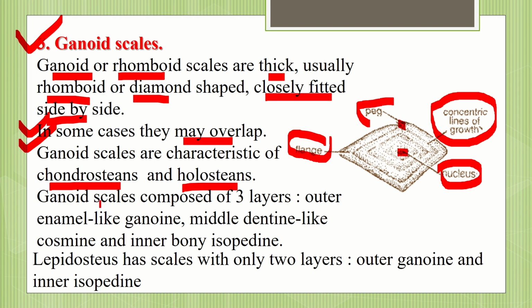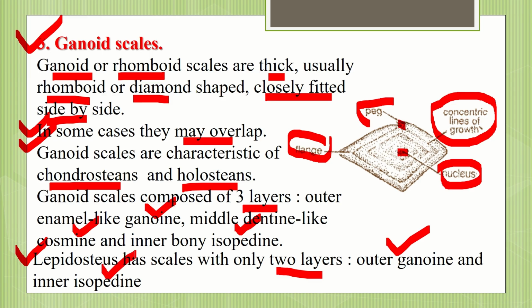They are composed of three layers: outer enamel-like guanine, middle dentine-like cosmine, and inner bony isopedine. Lepidosteus has scales with only two layers: outer guanine and inner isopedine.